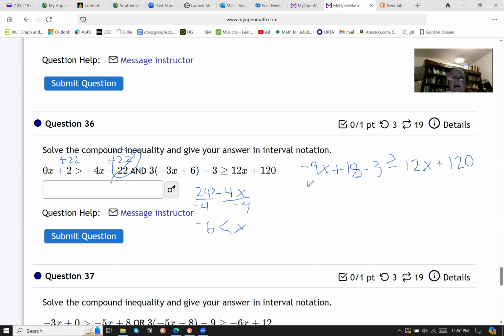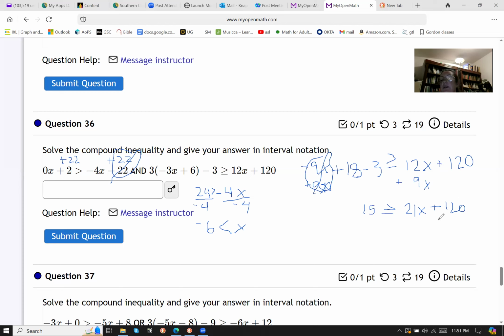All right, so if we add 9x to both sides, this will give us a 0 pair here. We can add 9x here. 9 plus 12 is 21. So we have 21x plus 120 is less than or equal to 18 minus 3, which is 15.